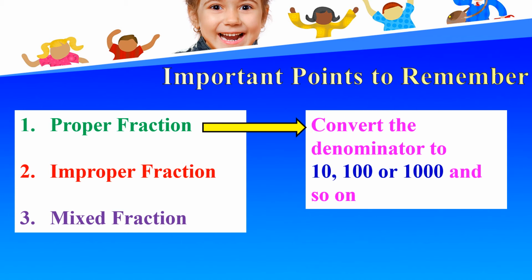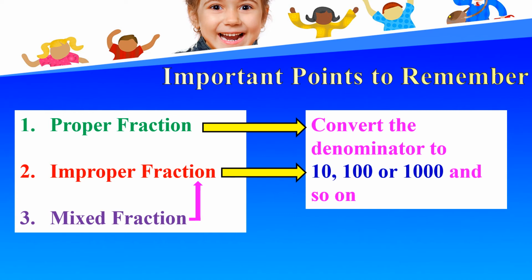For a proper fraction, we can convert the denominator directly by multiplying or dividing by suitable numbers. For an improper fraction, we can easily convert the denominator by multiplying or dividing the denominator by suitable numbers.